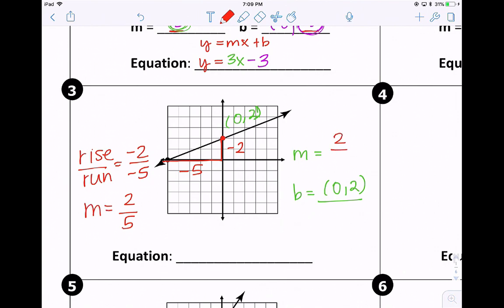So I'm going to add that over here. All right, so now I'm writing my equation in y equals mx plus b form. That's slope-intercept form. So it's going to be y equals, our m was 2/5, so 2/5 x plus b would be +2.